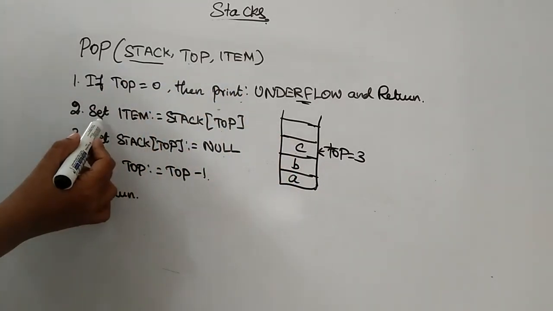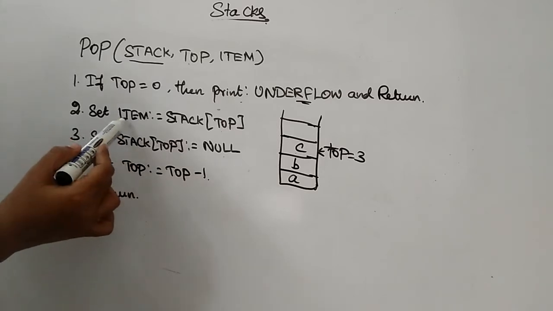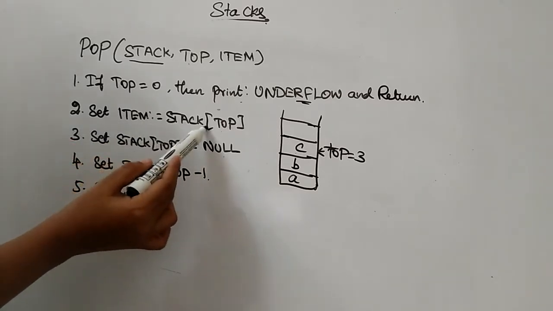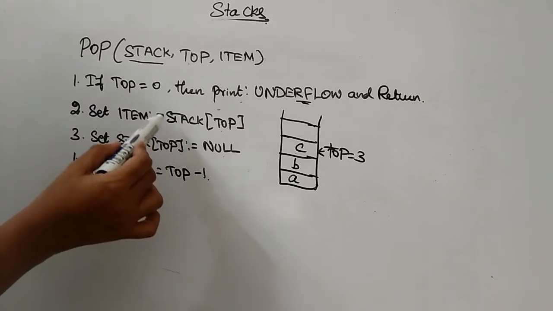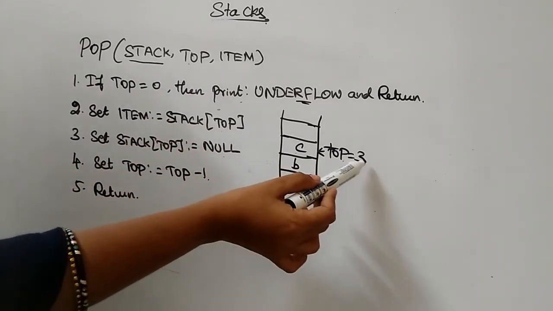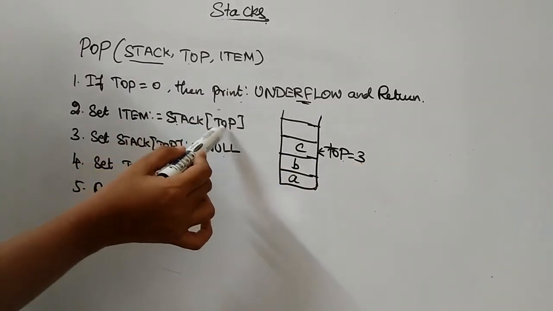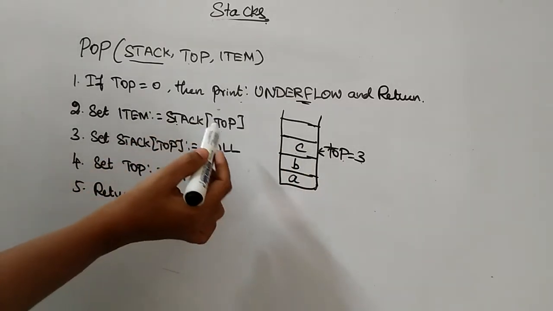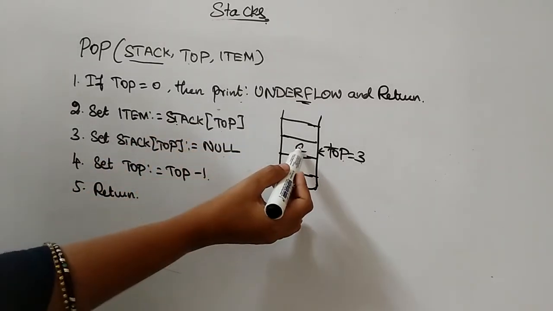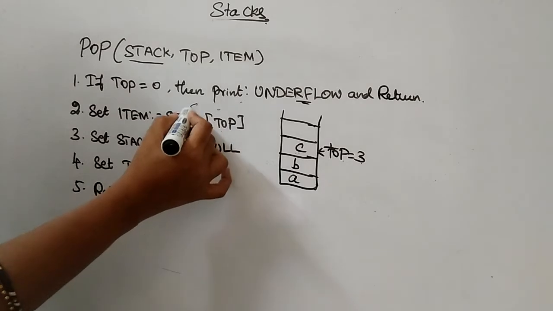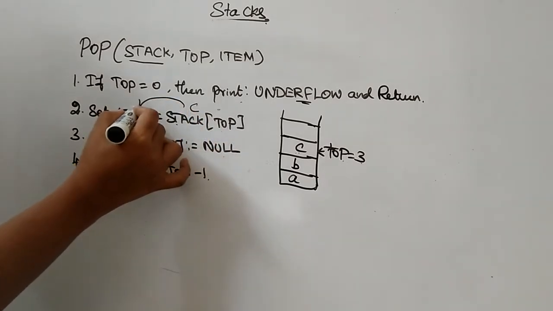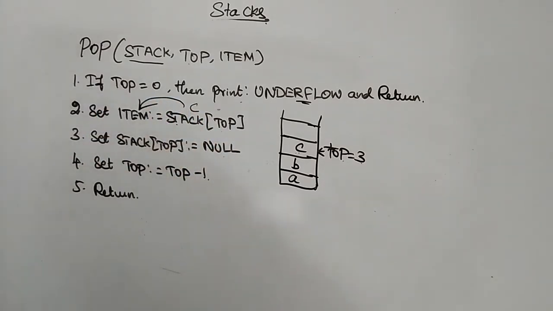That's why we write the statement: set item := stack of top. Now the top value is 3, so stack of 3. What is the value stored in stack of 3? C. So C gets stored in the variable item.